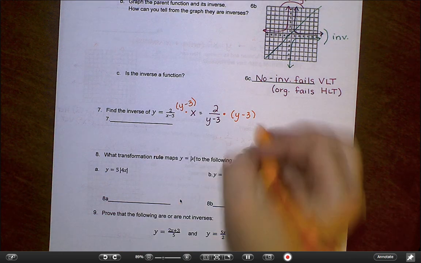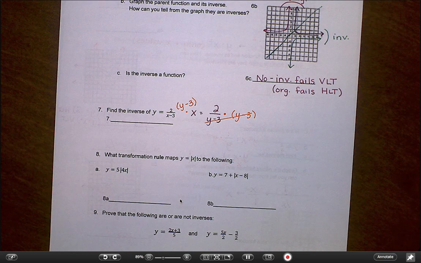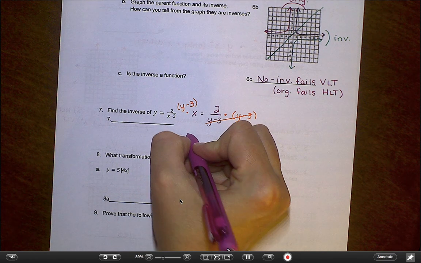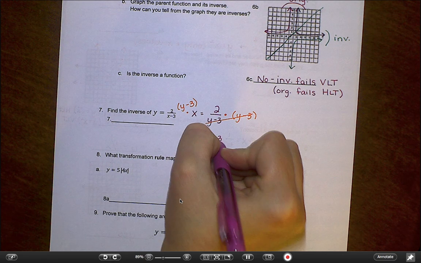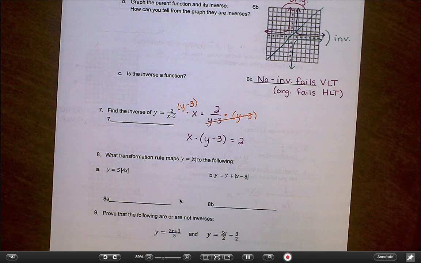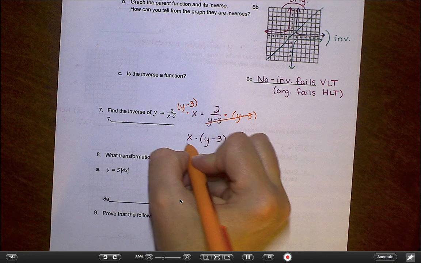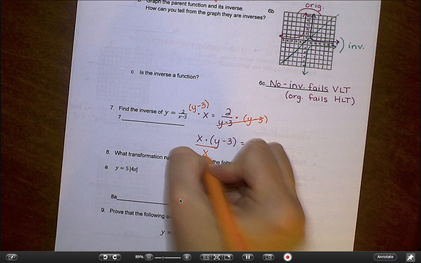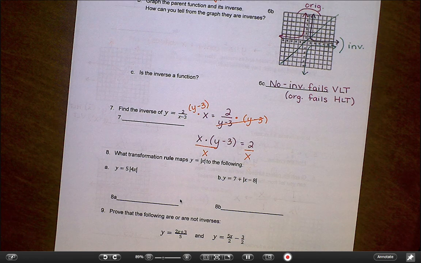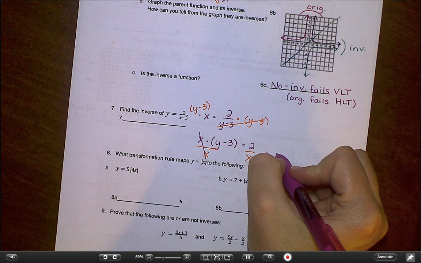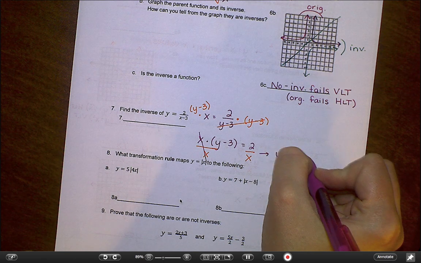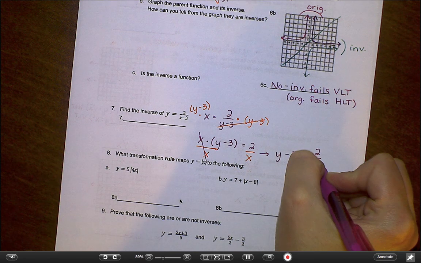I mean, there's ways you could do it by doing that, but I would leave this over here as x times y minus 3. And then you have just equals 2. Trying to get y by itself, so just like in the other ones, I'm going to divide by x right now. And that's going to leave me with, this is gone, so y minus 3 equals 2 over x.